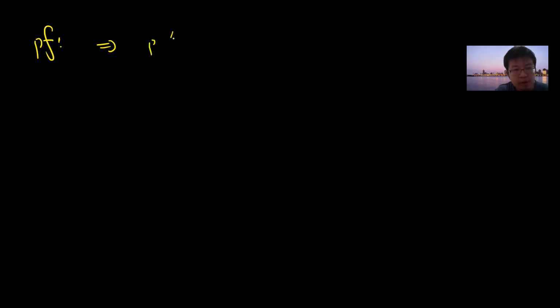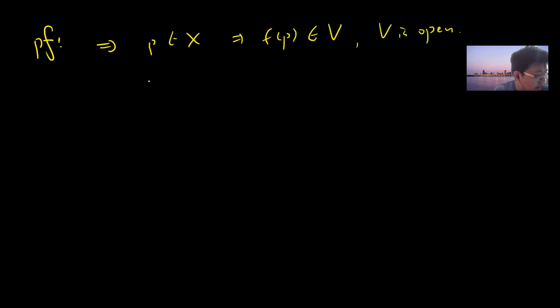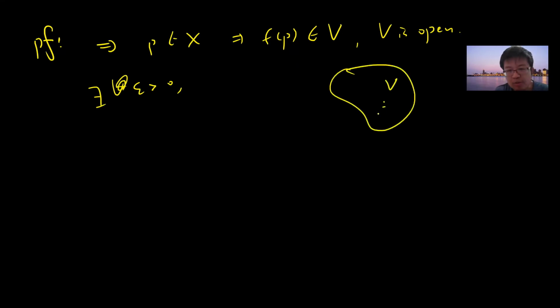Let's see. Okay, so say p belongs to X, and then f of p belongs to V, and the happy thing is that V is open. So by definition, there exists epsilon greater than 0 because V is open. If you draw a picture to help you, around f of p there is an epsilon greater than 0 such that d_Y(f(p), y) is less than epsilon.